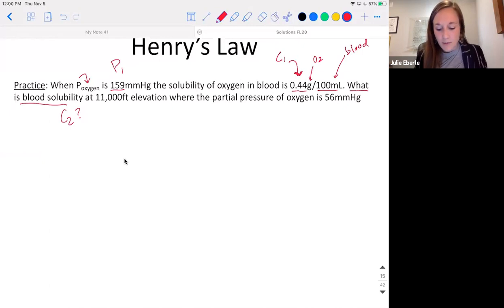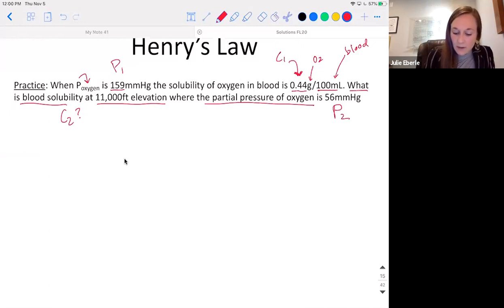This may be different. But we know that pressure changes at elevation. So at 11,000 feet elevation, where the partial pressure of oxygen has lowered, this is our P2, 56 millimeters of mercury.